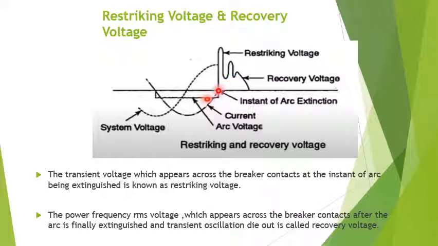So at the instant of current zero, the arc is quenched, and because of that a very high voltage appears across the contacts, which is called the restriking voltage. It is transient in nature.